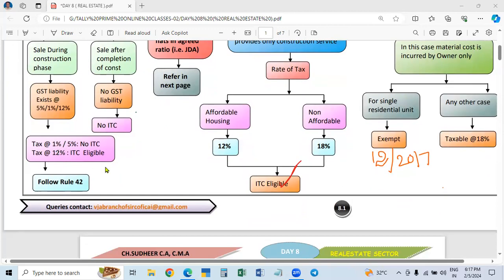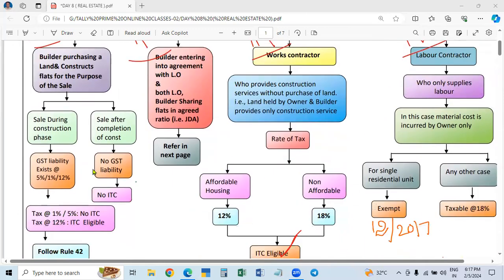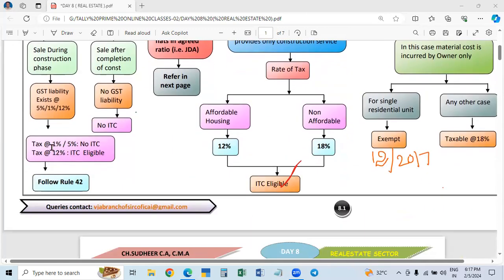Since 2019, the tax rates for the residential real estate sector have been reduced very much, with the condition that ITC will not be allowed. So for these 2 residential categories, affordable and non-affordable, ITC is not available. In the case of commercial buildings, 12% is the rate.